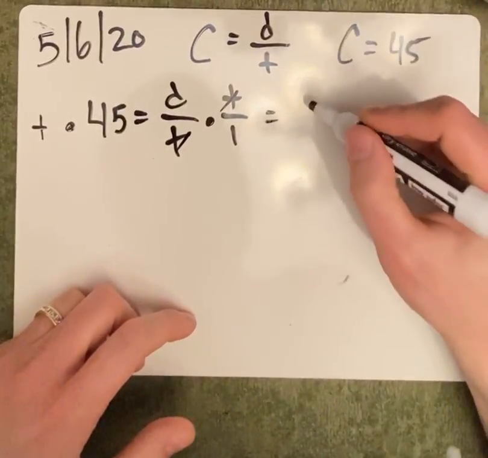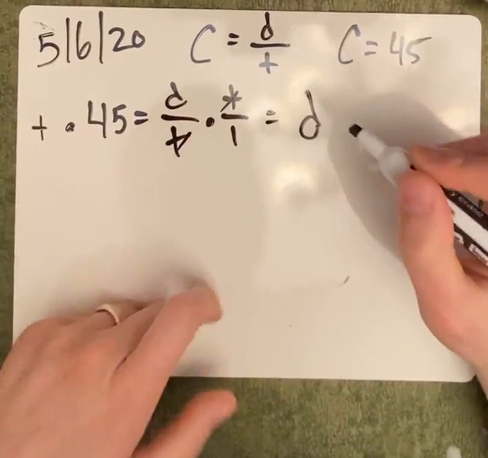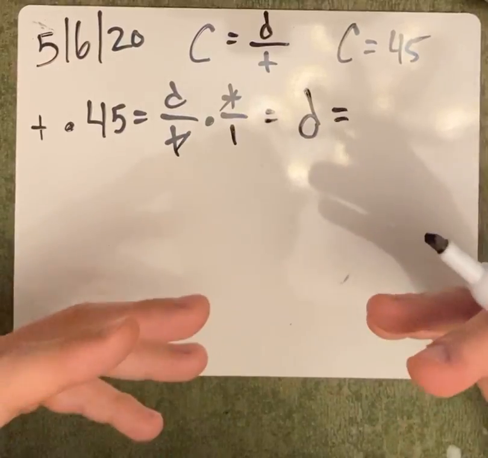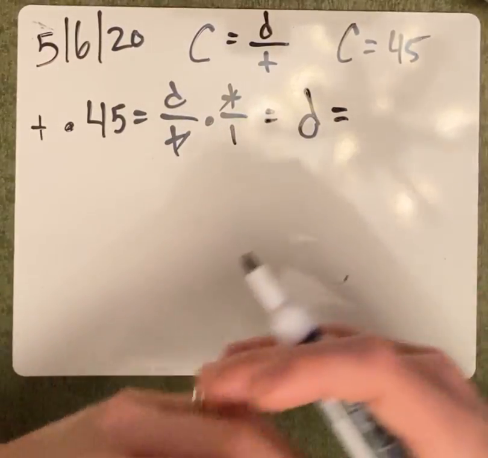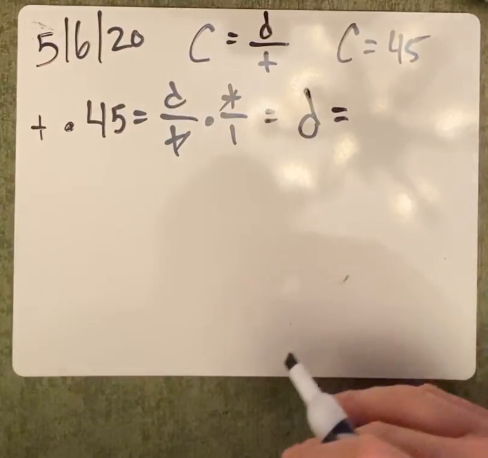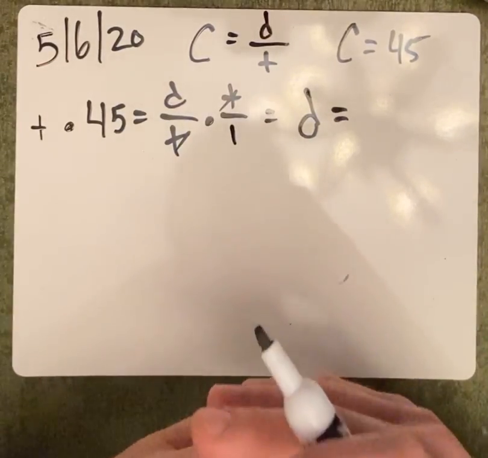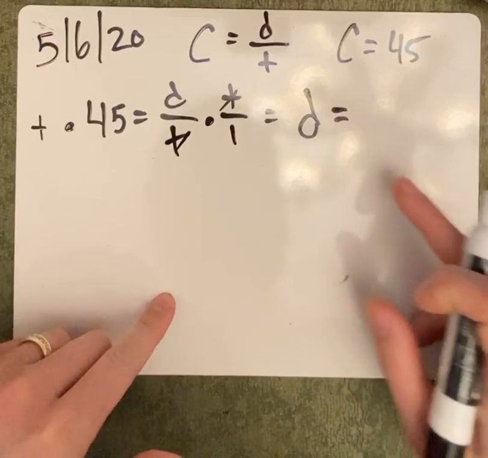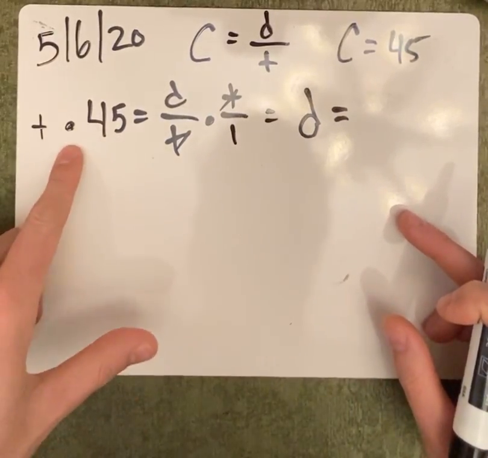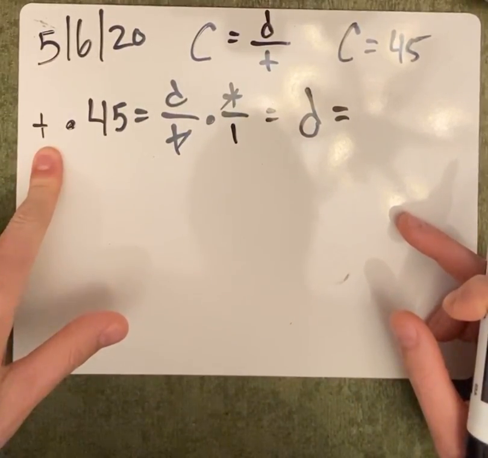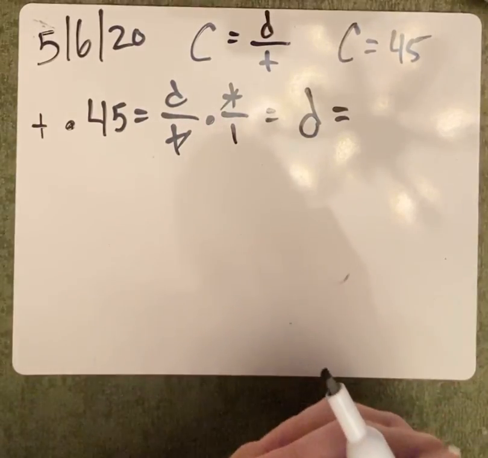We're left with now distance. I'm just rewriting it because sometimes the variable's in the front, sometimes the variable is at the end, but it really doesn't matter. It's just preference. So I got my D equals 45 times T. Why? What's 45 times T?